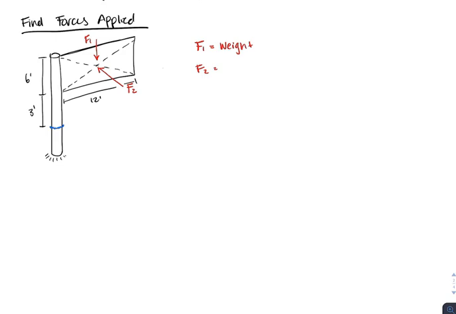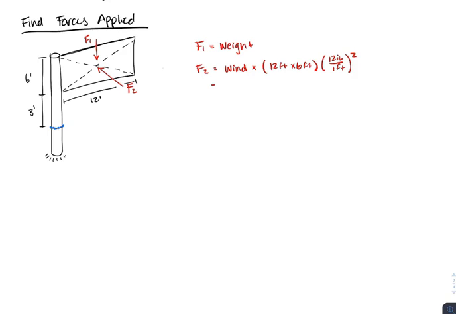We saw the uniform pressure applied over the whole area of the sign, and since we know the area of the sign, we can rewrite this as the wind load, which is going to be in units of pounds or kips per square foot, and then we'll multiply that by the area of the sign, which is going to be 12 feet by 6 feet, and then we'll convert that into inches, so 12 inches per 1 foot, squared, so that we'll get that into inches.